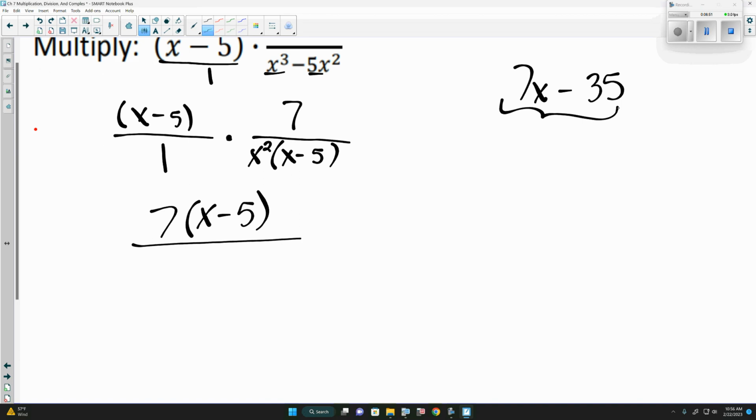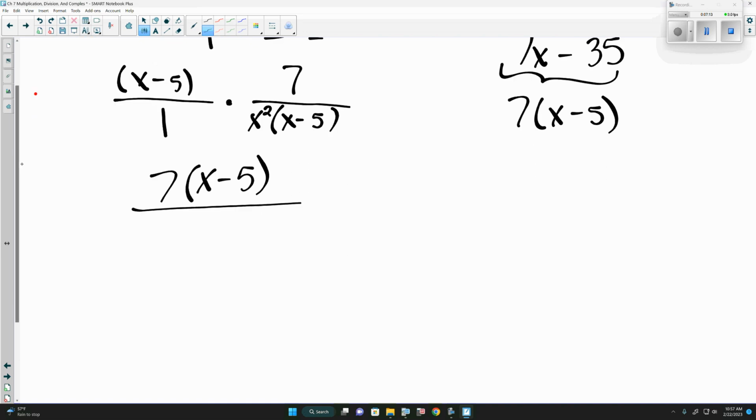So we'd have to factor out the 7, giving us back 7 times x minus 5. So with multiplication, if we did the distributive property, we'd have to undo it to see if anything is in common. This is part of the reason why we don't distribute with multiplication. We just write the parentheses times each other, and the numbers out front.